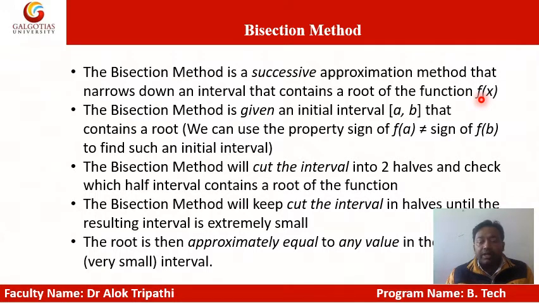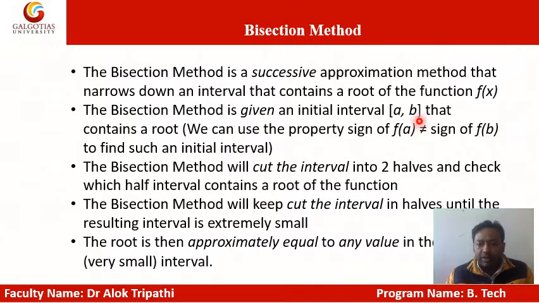There we can apply the intermediate value property of continuous functions. The bisection method is given an initial interval a to b that contains a root. So here we are applying the intermediate value property.